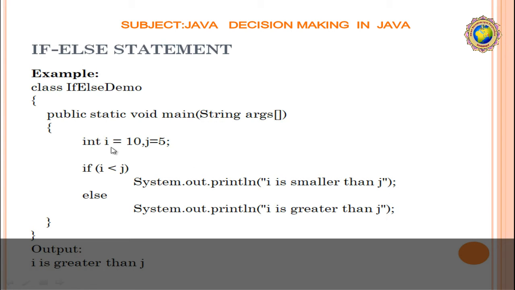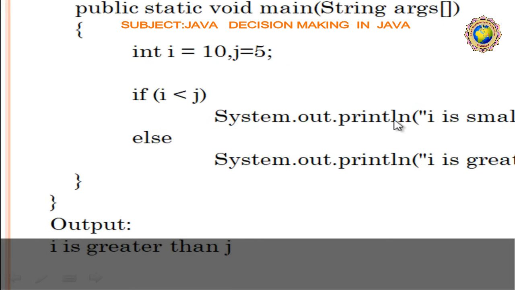We have given i equal to 10 and j equal to 5. So is 10 less than 5? No, 10 is not less than 5. So this statement is not executed. The else statement will be executed. So our result is i is greater than j.